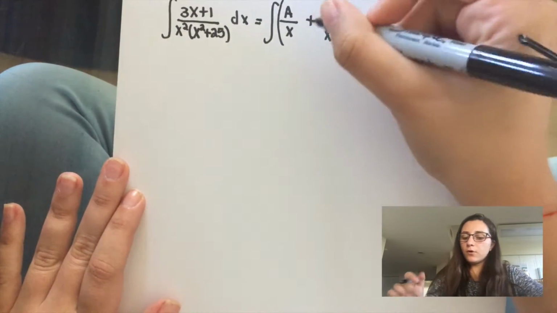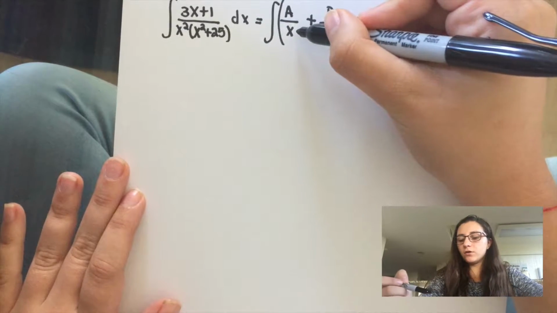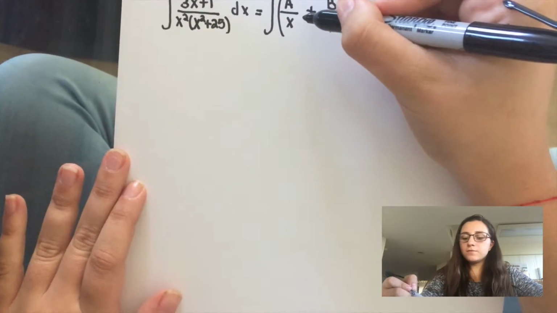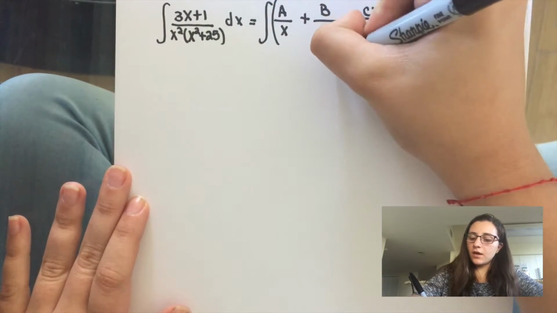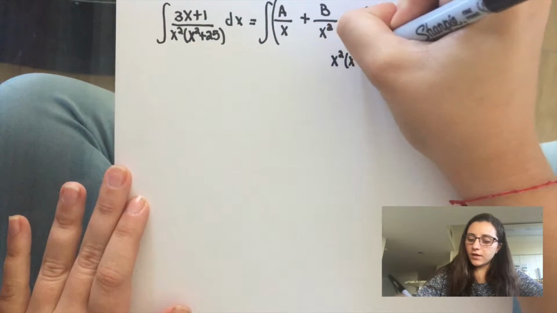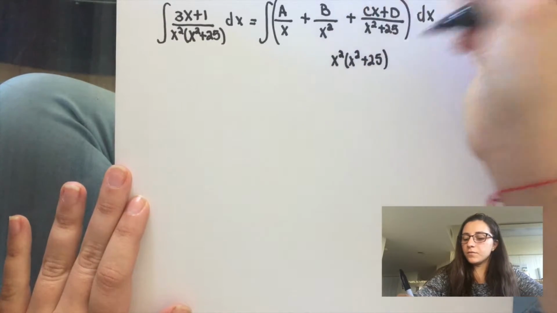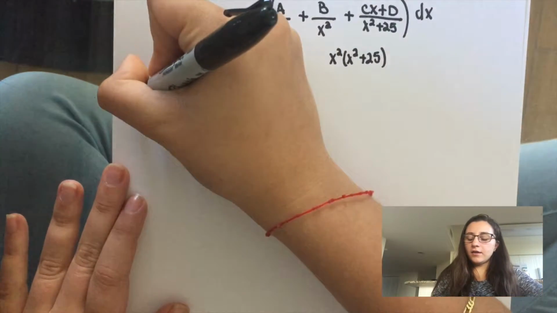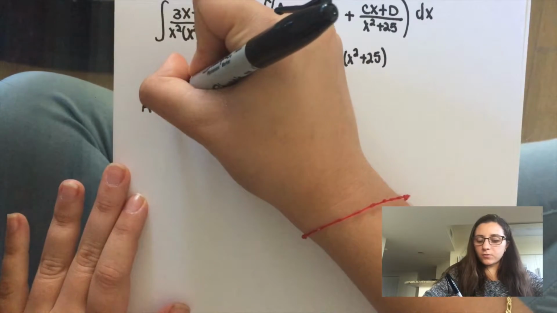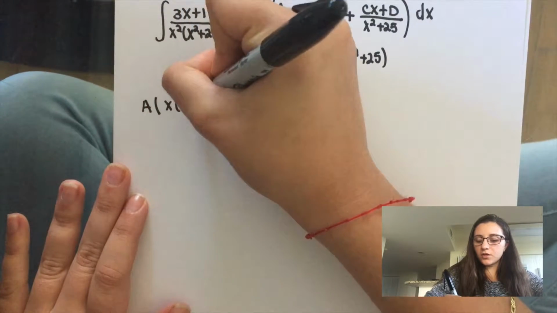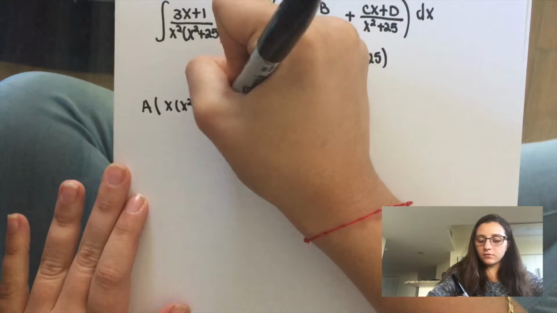We have to multiply the numerator by what is missing from the common denominator. So the common denominator here is going to be x squared times x squared plus 25. So the A is missing an x and then x squared plus 25, so we're going to multiply the A by that.